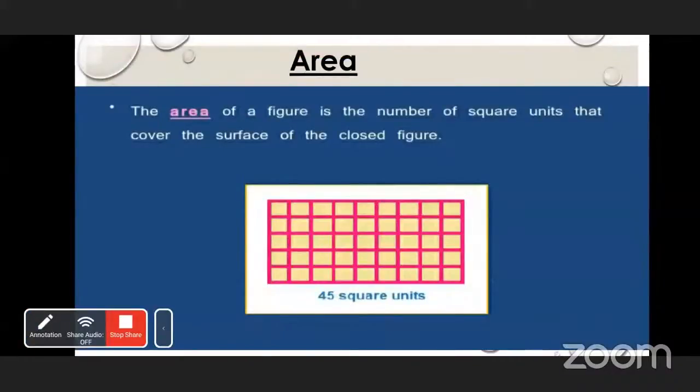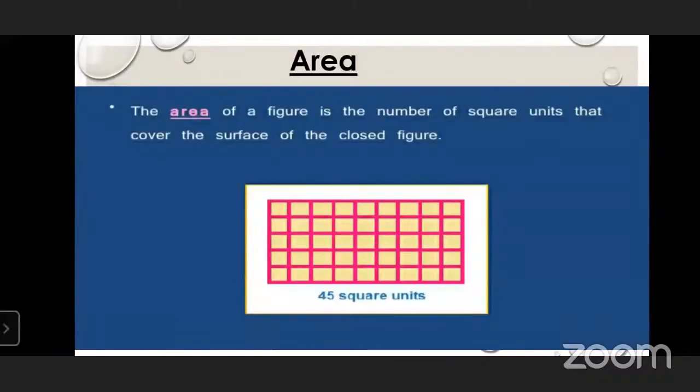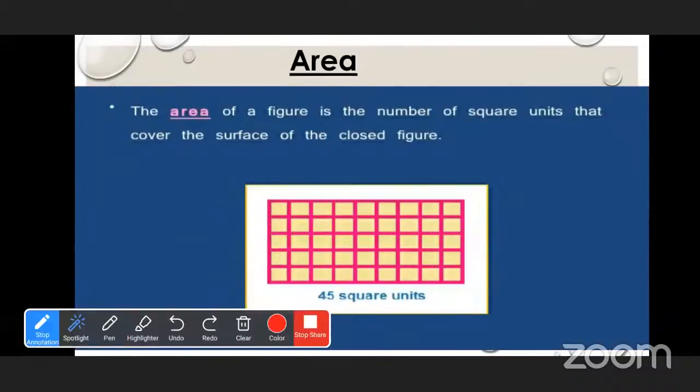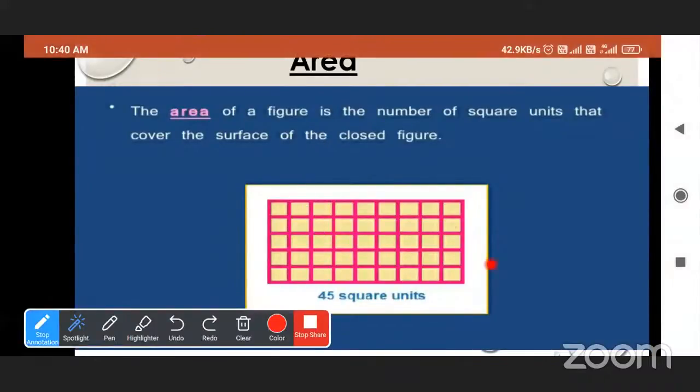See here, the area definition is given. The area of the figure is the number of square units that cover the surface of the closed figure. Okay, see here, this is the figure. The pink one is the figure. So the area of this figure is the number of squares inside this figure.